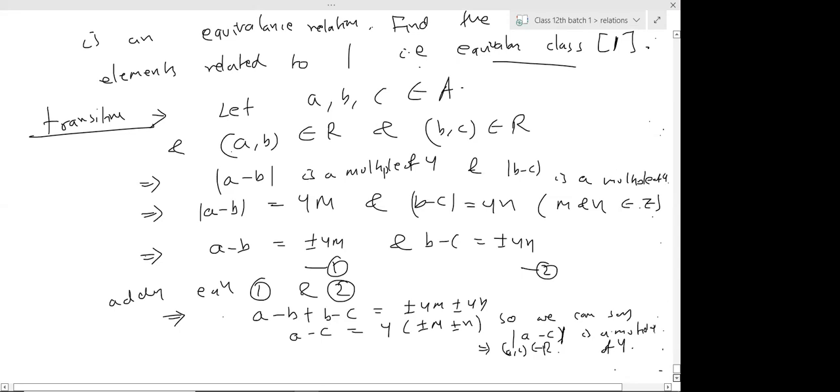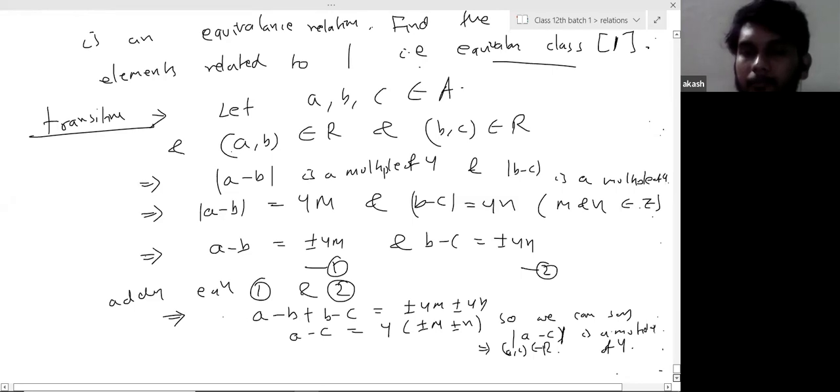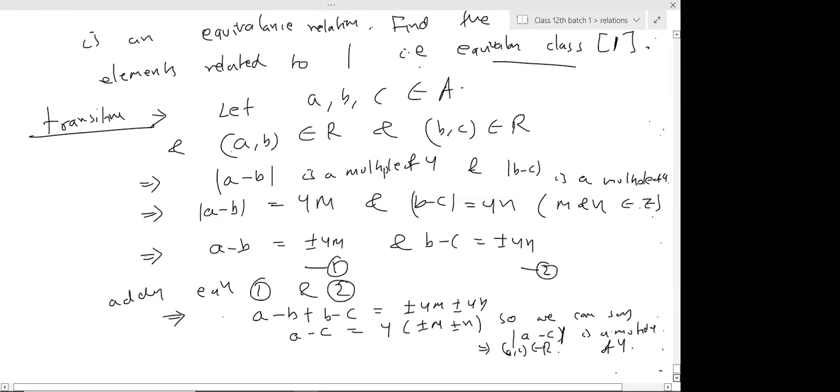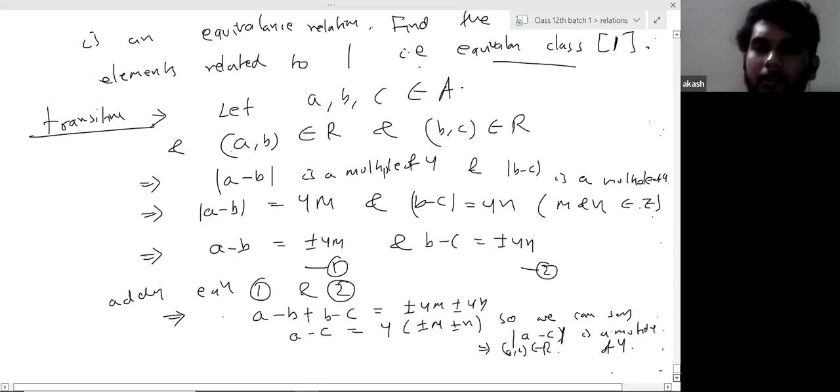Sir, if we do the previous method, is it wrong? Which method? The method we used for the previous question. Right, but then how do you say that this is a multiple of 4? How do you solve this, Krishna, in that method?